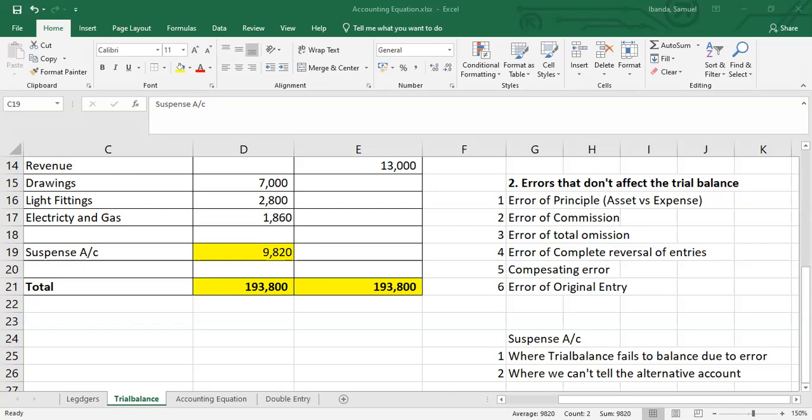Now, it's also important for us to know that when we are correcting errors, we do the reverse of what we would have done. I want to give you an example here.